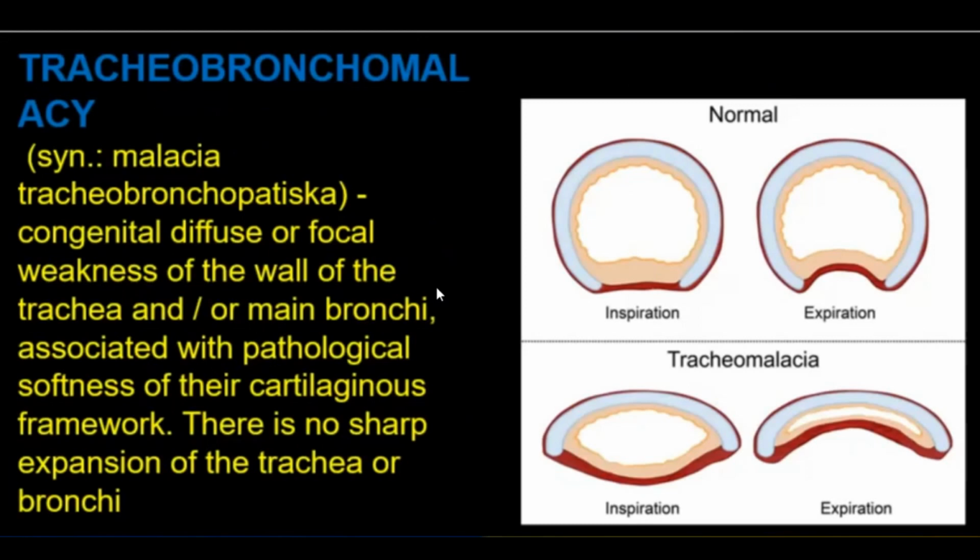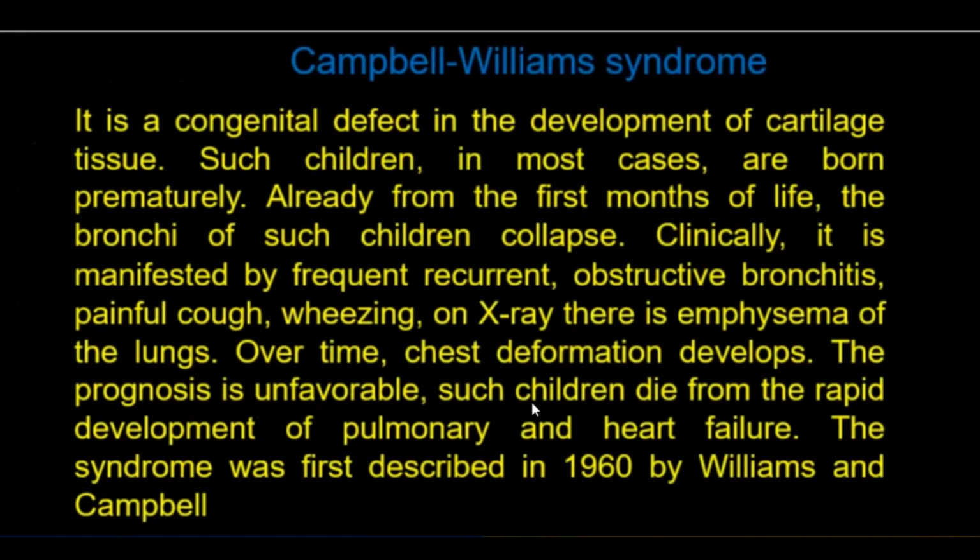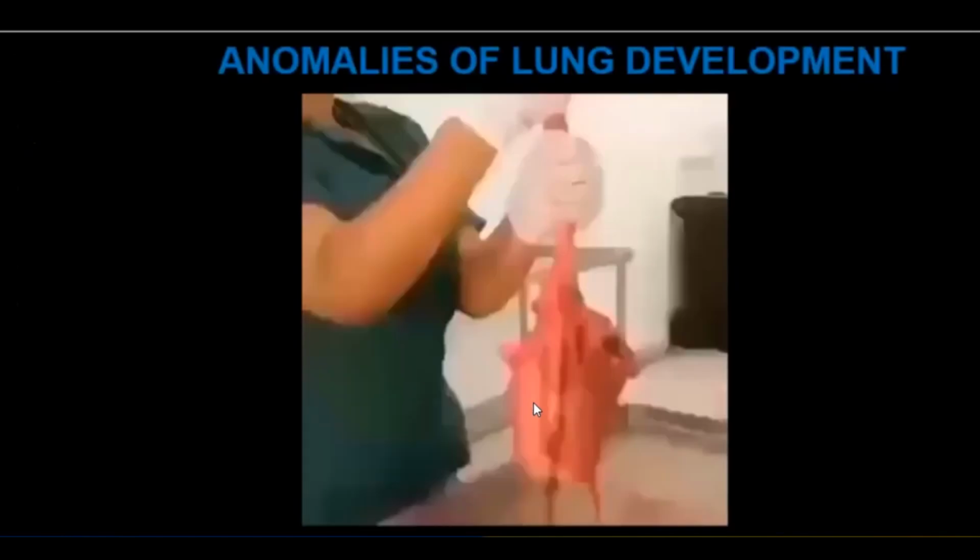Tracheobronchomalacia. Here you can see normal inspiration and expiration, and in tracheomalacia. Williams-Campbell syndrome, anomaly of lung development.